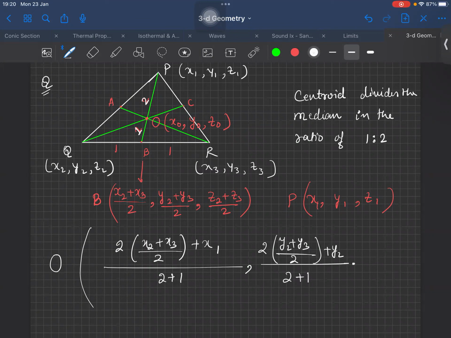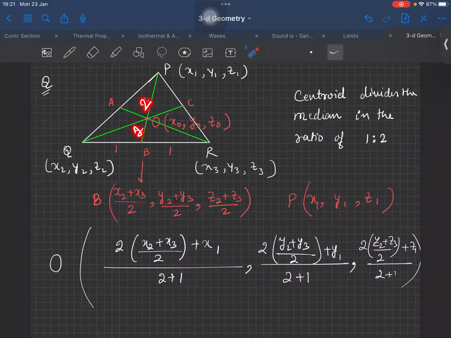And the z coordinate will be 2 times z2 plus z3 divided by 2, plus z1, whole divided by 2 plus 1, because it is dividing in the ratio of 1:2.